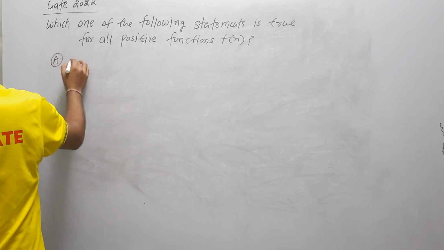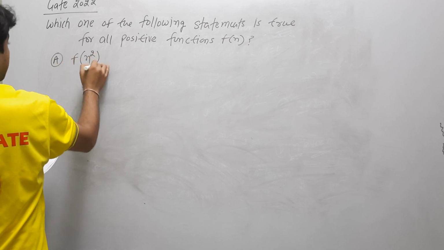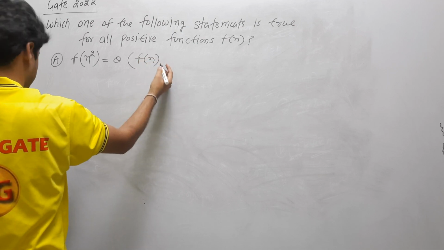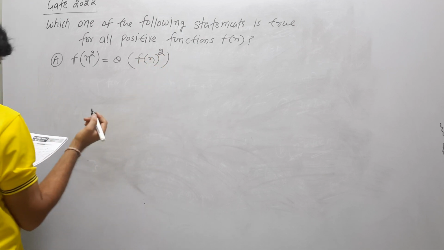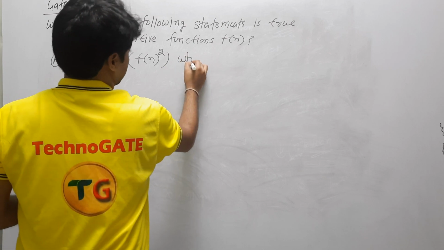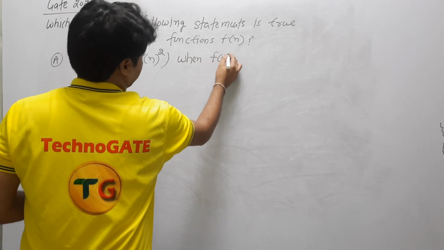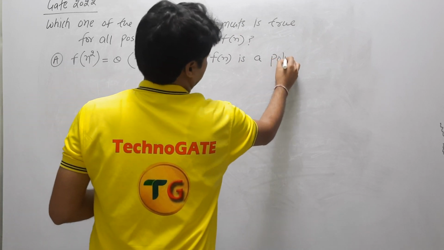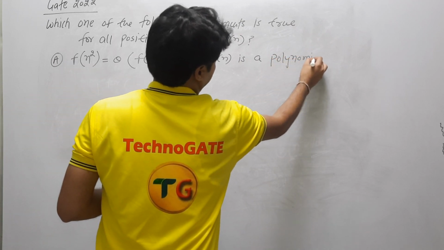Option A: f(n square) equals theta of f(n) whole square, when f(n) is a polynomial.